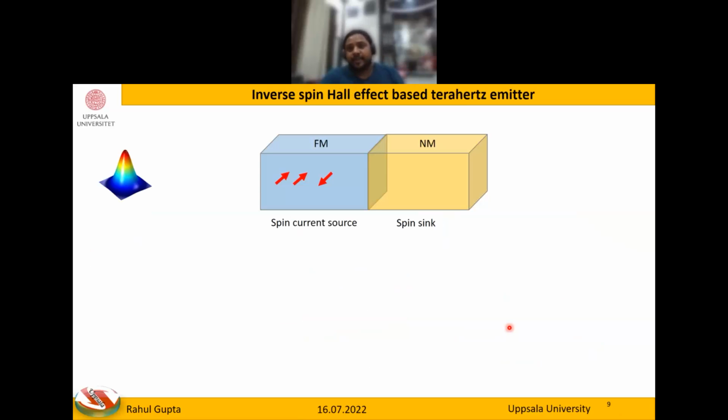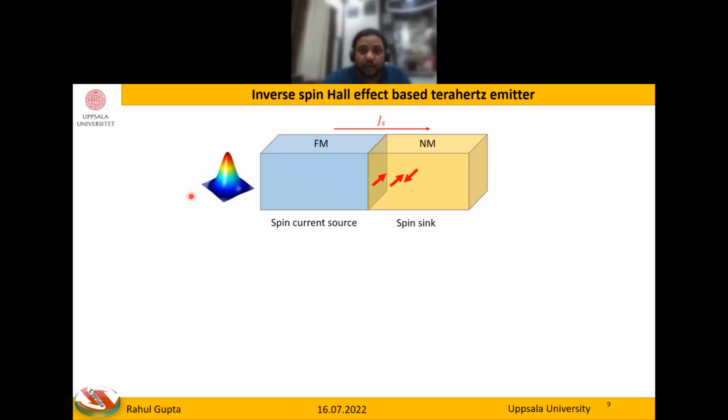So I will describe what spintronics is and the physics behind the spintronic terahertz emitter, and one physics is based on the inverse spin Hall effect. As I said, it contains one ferromagnetic layer, also called the spin source layer, together with the spin sink layer. When the incident Gaussian femtosecond laser pulse arrives, it will create spin demagnetization, and hot electrons in the layer will superdiffuse into the non-magnetic layer.